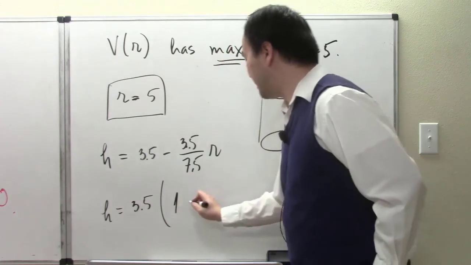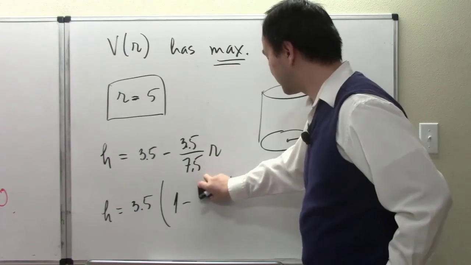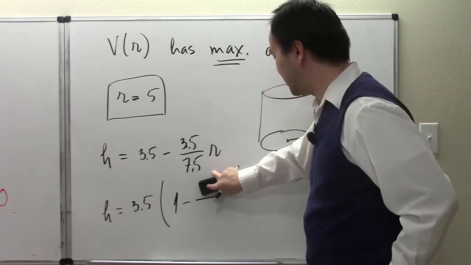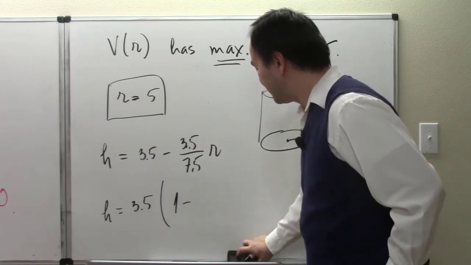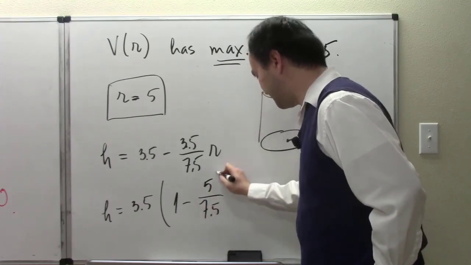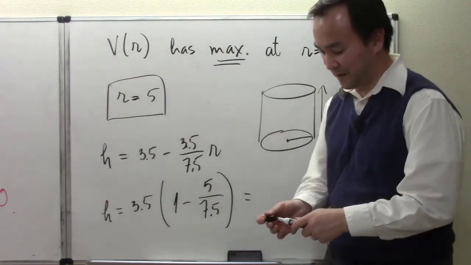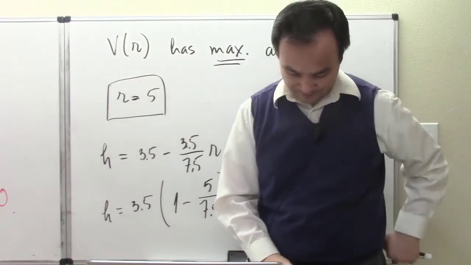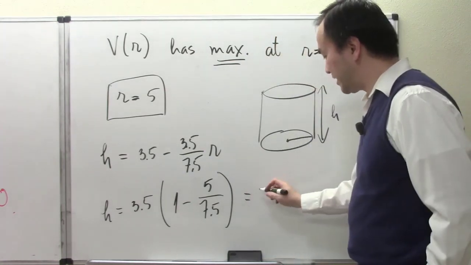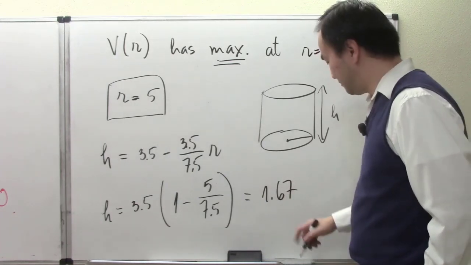So now 1 minus, actually it's 5 because R now is 5 substituted in, so 5 over 7.5. Allow me a minute or so to finalize my calculation here. My final calculation comes out to be 1.67 if I round it to 2 decimal places.